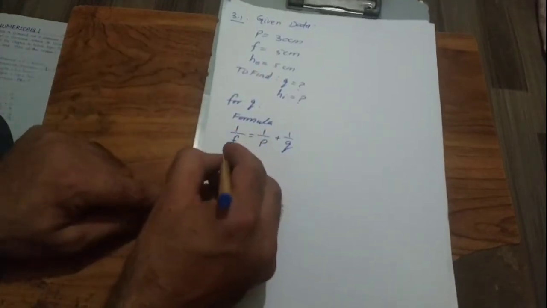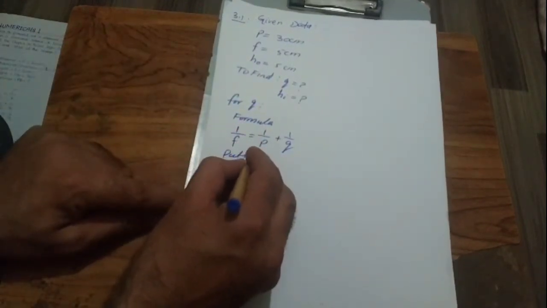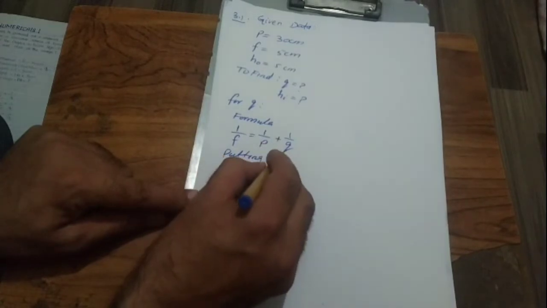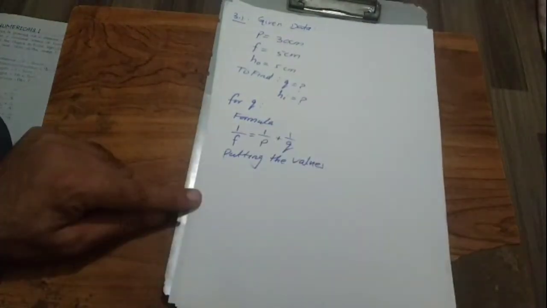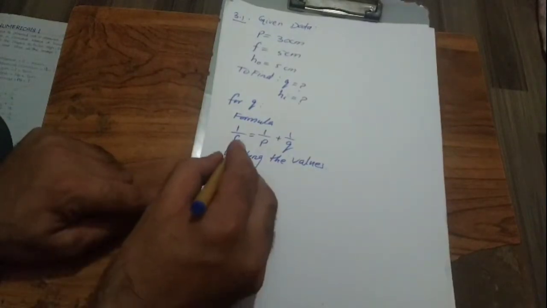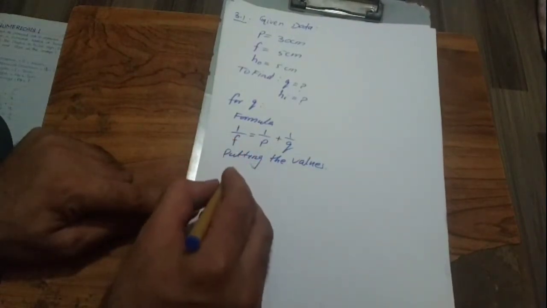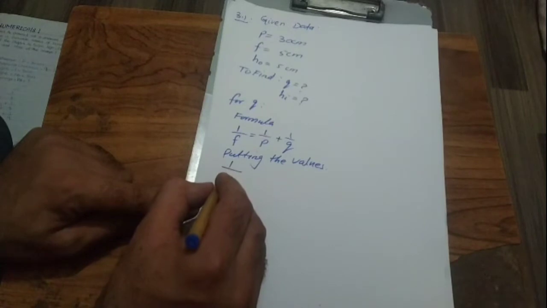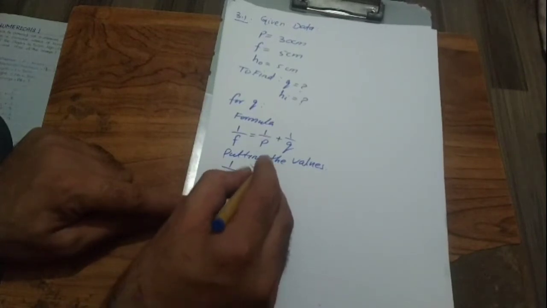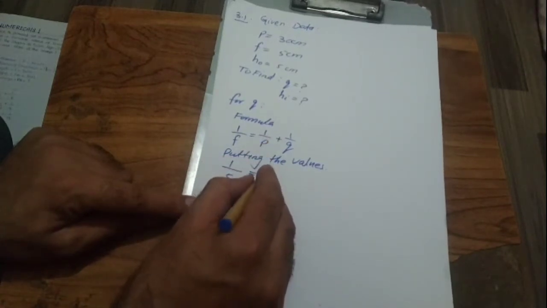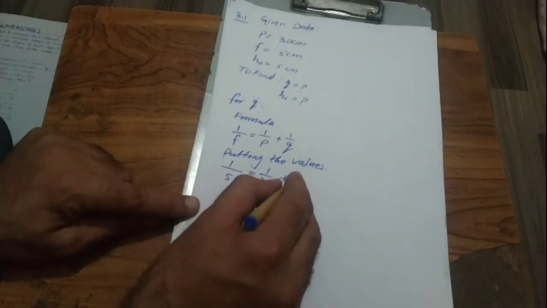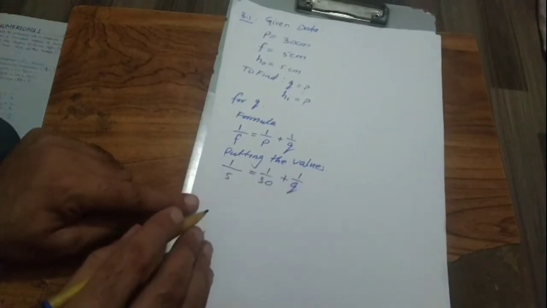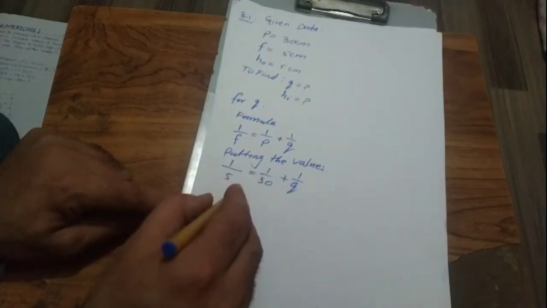So next step, we will be putting the values. 1 over f is given to us, that is 5, and p is given to us, that is 30, plus q is not given to us. We are supposed to find q, so I am writing it as it is.